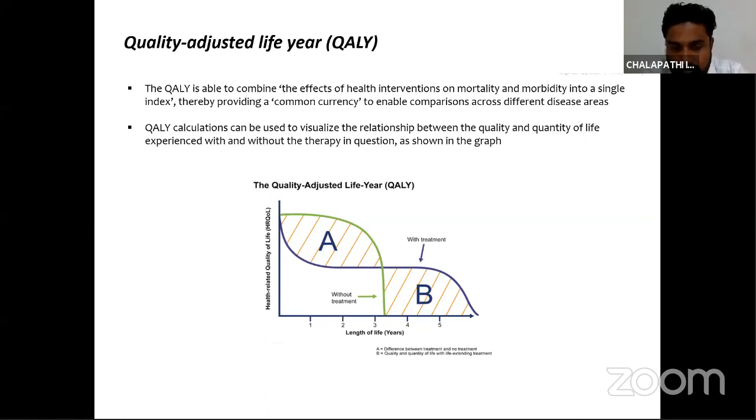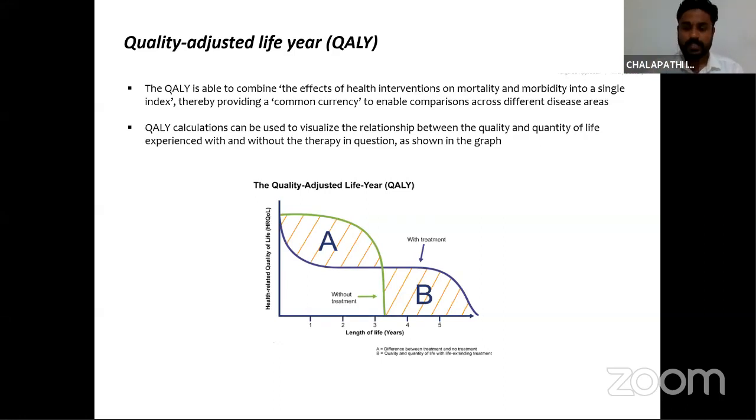I multiply this 0.5 of his HRQOL or utility with how many years of life he got: 25 years. From 35, if I extrapolate, it is up to 60. So 0.5 into 25 is 12.5 years of life he will get. That is the QALY he gets out of this treatment. Are you clear? That is the first concept of calculation of QALY.